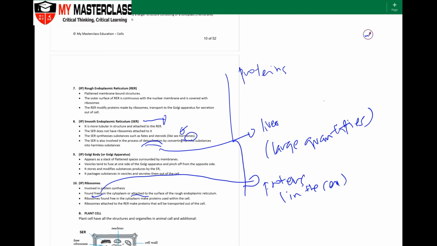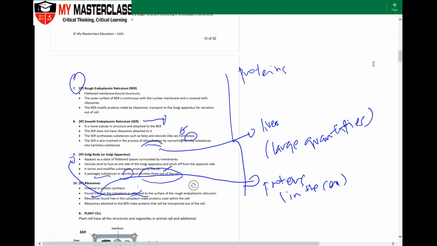Whereas for those attached to the rough endoplasmic reticulum, point number 7, once these proteins are synthesized, they will be transported to the Golgi apparatus. Once it goes into the Golgi apparatus for modification, it will be packaged into vesicles. After packaging into vesicles, they will then be transported out of the cell depending on the area that they are supposed to enter.